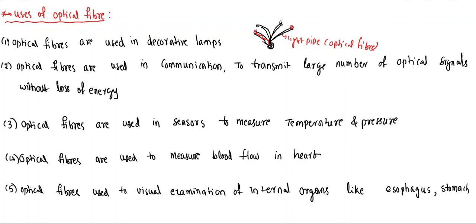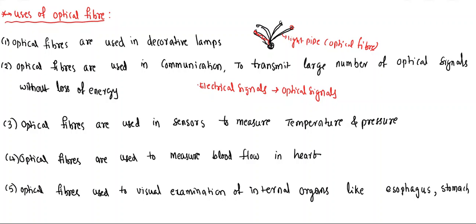And the second use is that optical fibers are used in communication. We can change our voice signals, our audio signals, into electrical signals, and these electrical signals can be converted into optical signals. Optical signals means light signals. These optical signals can be transmitted to long distances without loss of energy.